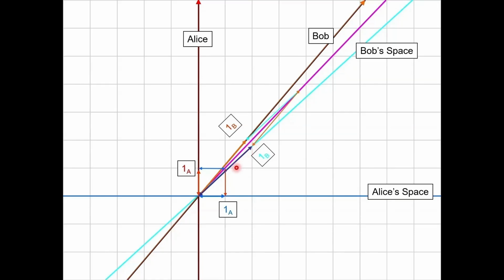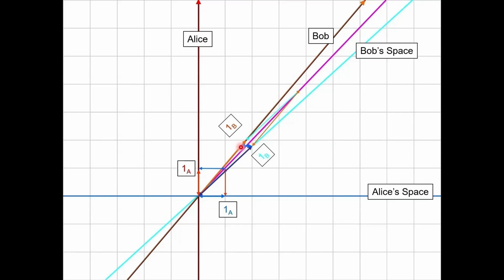So we have to find out where this beginning point is, in such a way that Alice will see the beginning of the stick and the end of the stick at the same time. And this is this section over here. This is the end point, and this is the starting point, which was along Bob's world line, so it remains along Bob's world line.